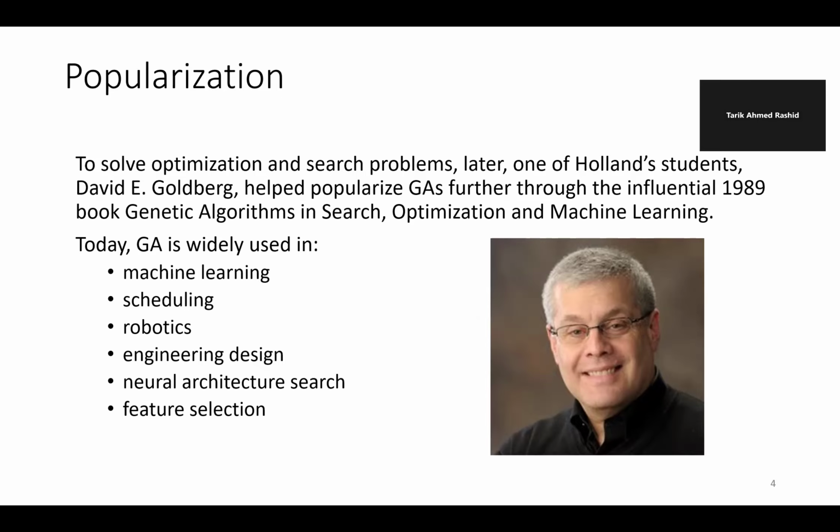Now, popularization of genetic algorithm, to implement genetic algorithm for several optimization problems or search problems. One of the students of John Holland, called David E. Goldberg, a computer scientist, supported GAs further through the influential book in 1989, Genetic Algorithms in Search, Optimization, and Machine Learning.